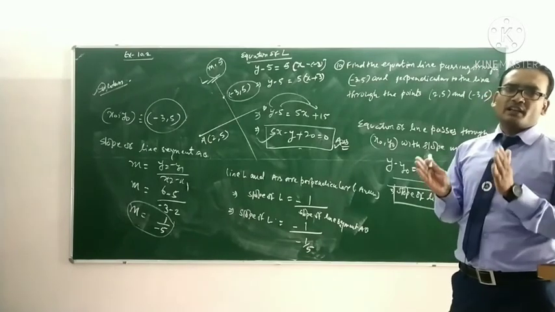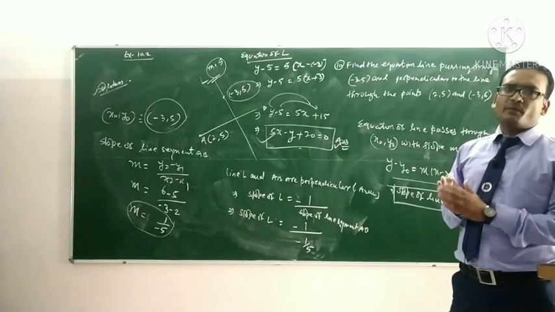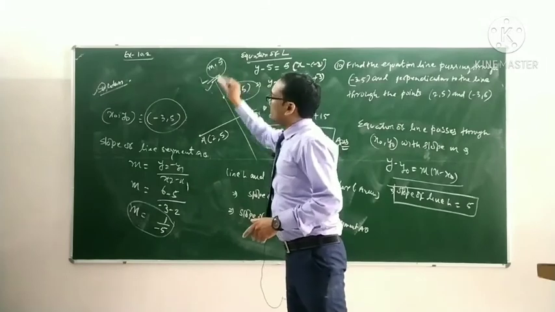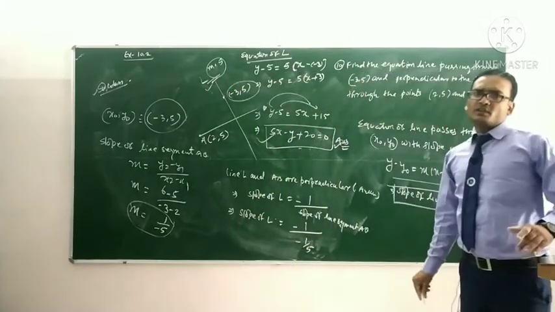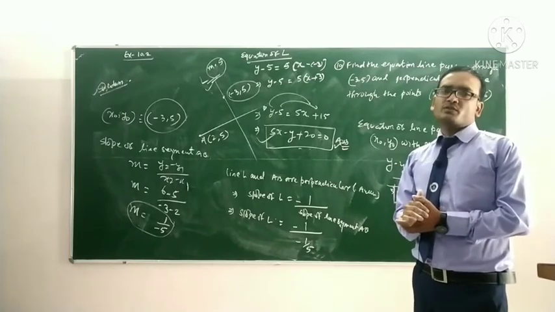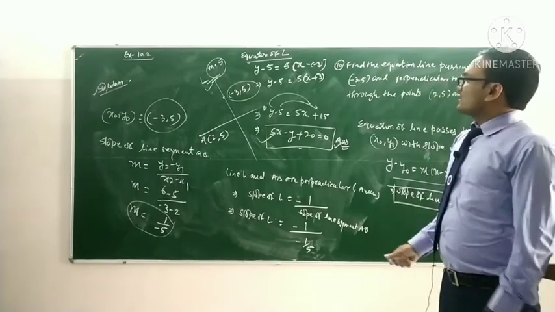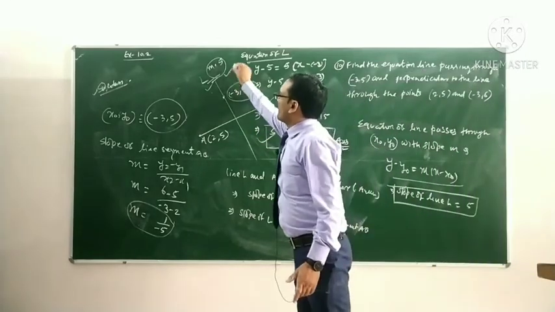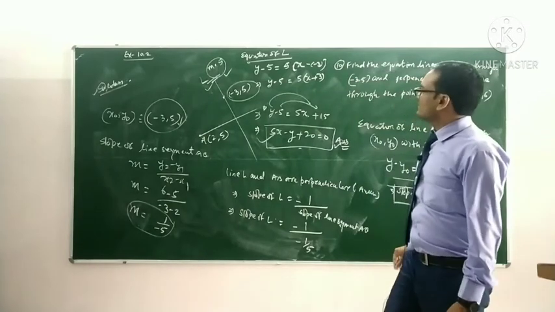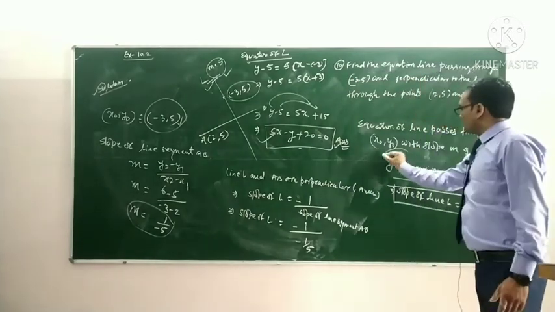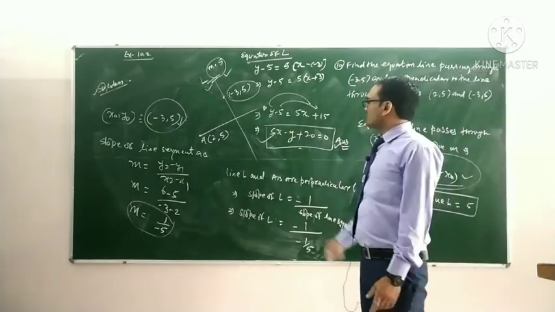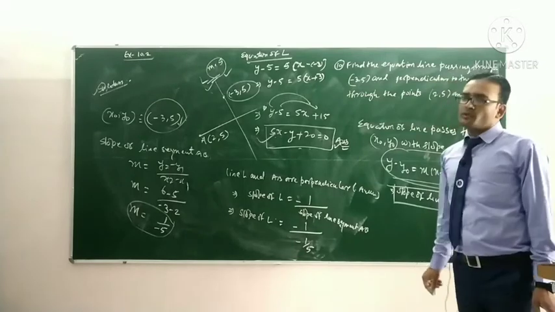If the slope of AB is minus 1 upon 5, then the slope of line L is 5. Why, students? Both lines are perpendicular to each other. Okay students, the slope of line L is 5 and it passes through the point minus 3 comma 5, so using this formula we find the equation of line L is 5x minus y plus 20 equal to 0.